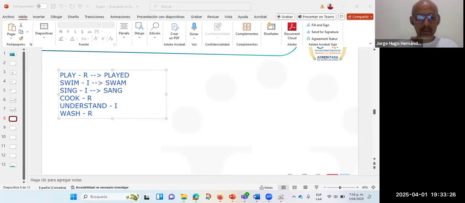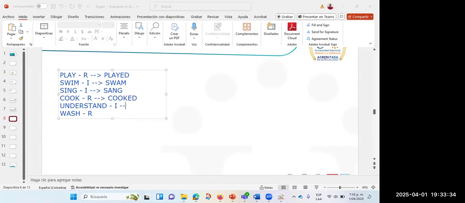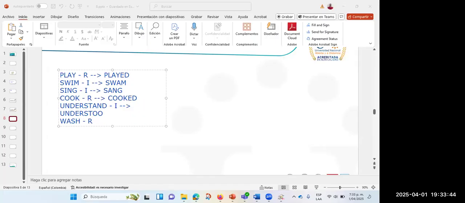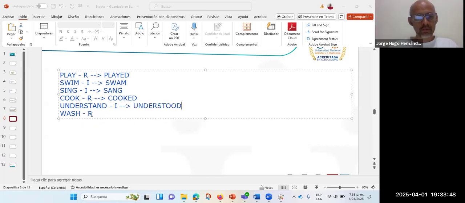Cook is a regular verb, so cooked, okay? Cooked. Understand is an irregular verb. I look for understand on the list, and on the list they say that the past of understand is understood. Understood, okay?